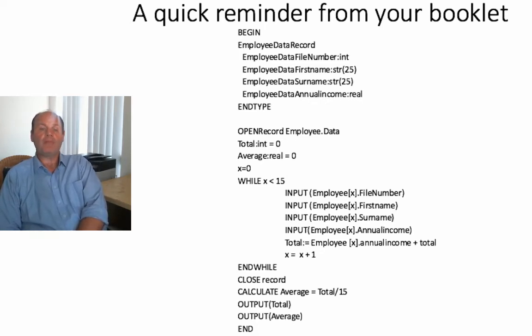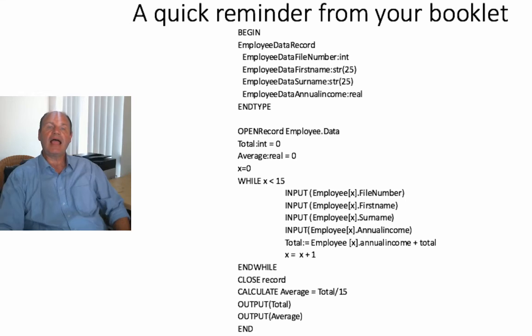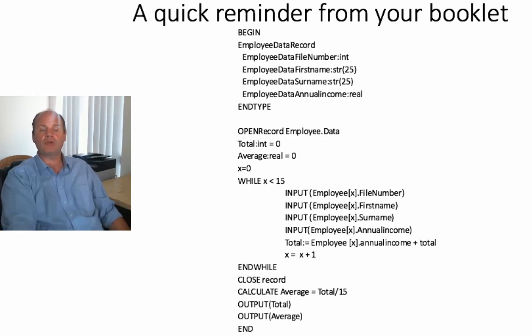The while loop will remain true whilst records 0 to 14 are entered, which means there will be 15 records. After this, we come out of the while loop, close the record, perform a calculation, and finally output the total and average amounts before the keyword end.